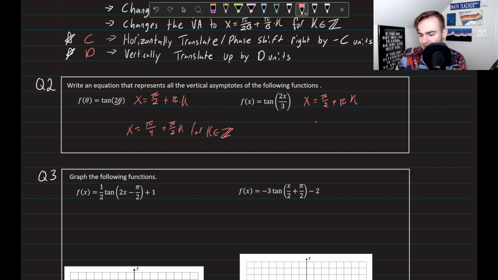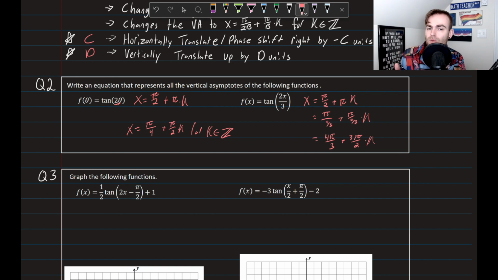So we get pi over 4/3 plus pi over 2/3 times k. Well, we have fractions in our denominators. We need to multiply by the reciprocal, or keep change flip. And we get 4 pi over 3 plus 3 pi over 2 times k. And that is it for vertical asymptotes. It's really not that bad.